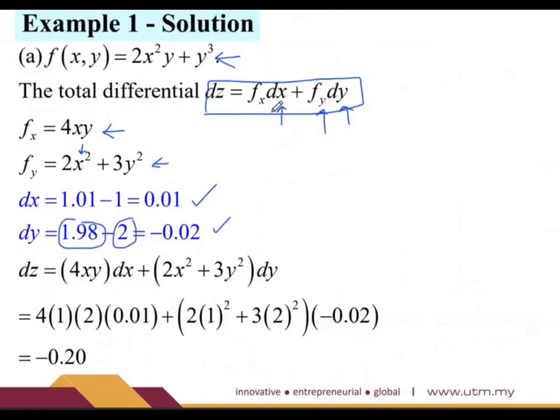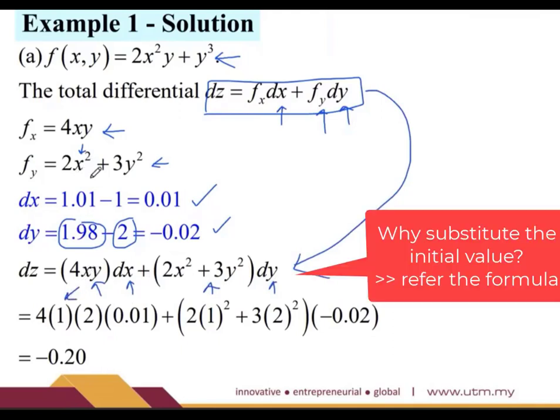Then you substitute into the formula. fx is 4xy, times dx, plus fy, which is 2x squared plus 3y squared, times dy. For x and y, you substitute the original values: x is 1 and y is 2, times dx, plus 2x squared, where x is 1, plus 3y squared, where y is 2, multiplied by dy, negative 0.02.